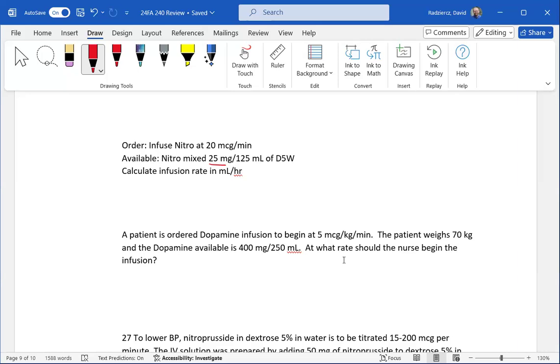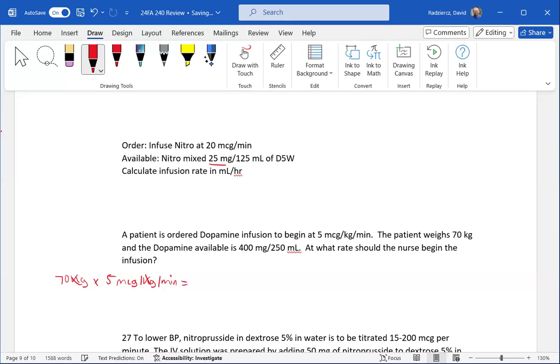So when you do this, you're going to set this up the exact same way, except you're going to do one step before converting the time, and you're going to take the patient's weight, 70 kilograms, times the 5 mic per kilogram per minute.